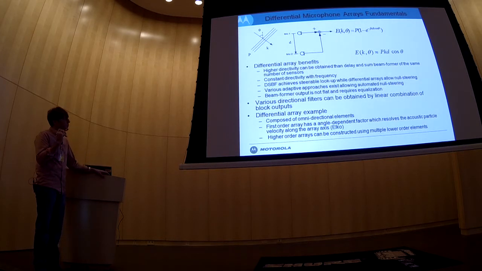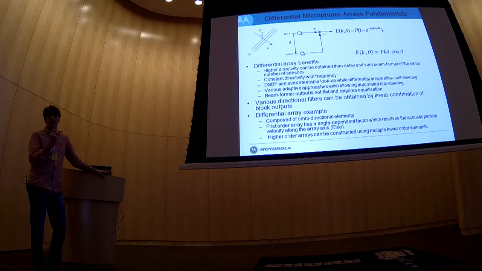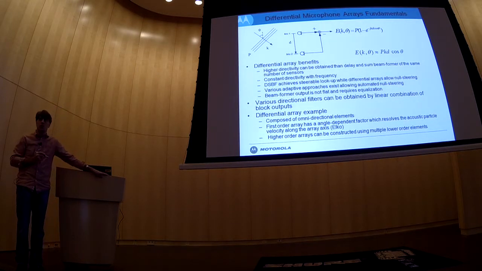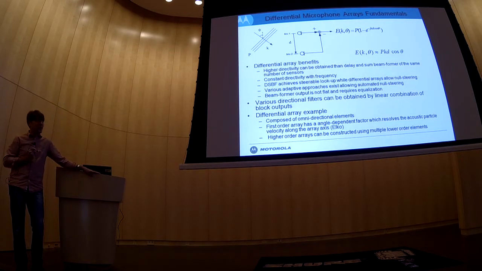I don't want to sound like a car salesman here, but one thing that we notice is that the beamformer output is not flat. We'll see that in more detail, but basically what it means is that the differential array requires additional steps of equalization for its output to be useful.